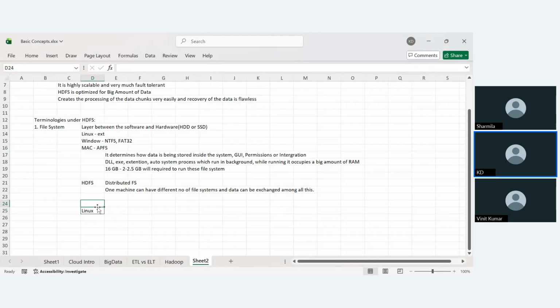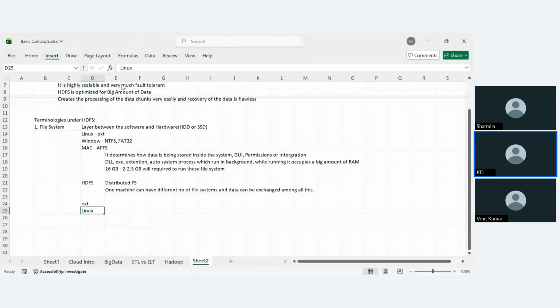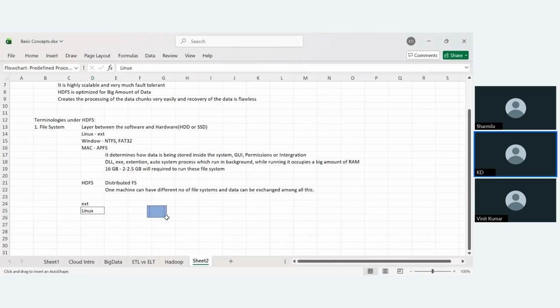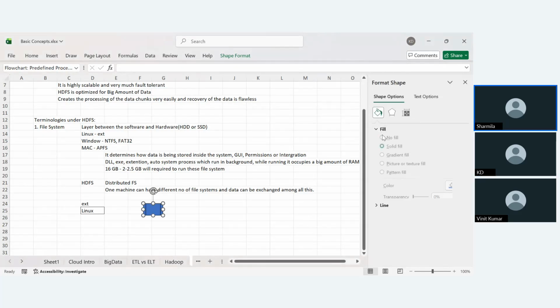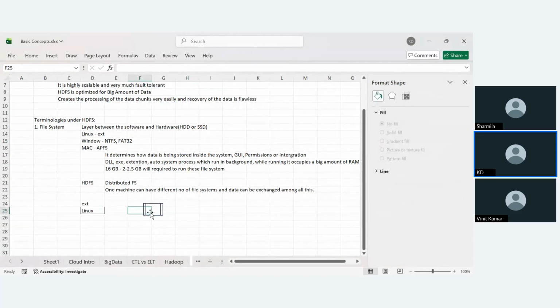So let's say in Linux you have an extension file, and then you have a hardware over here, like a pen drive. So this is our hardware.